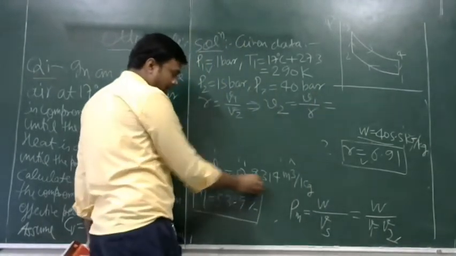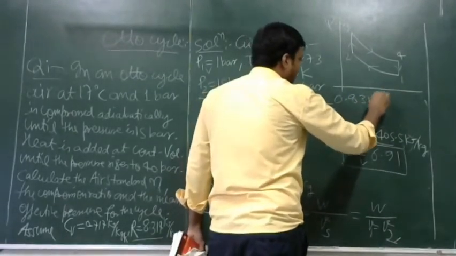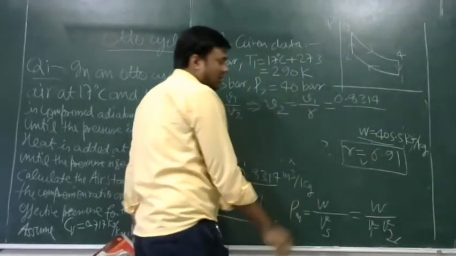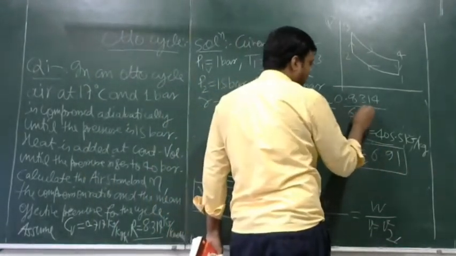V1 is 0.8314 divided by r, where the value of r is 6.9.